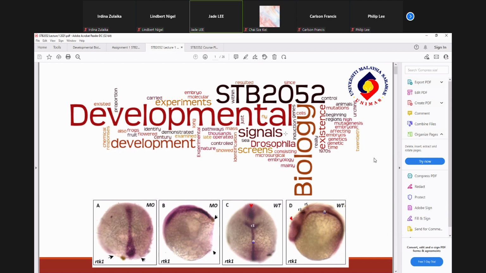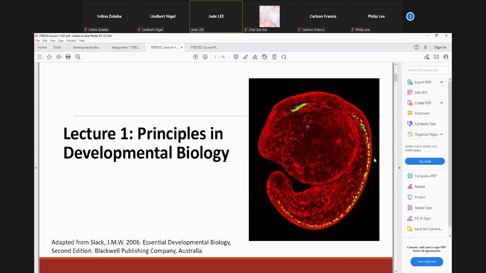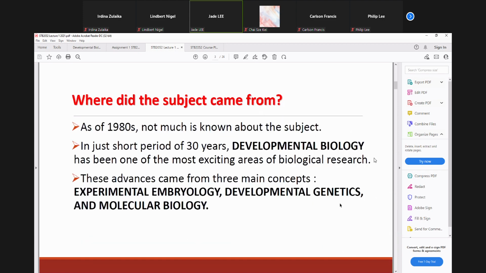Right now, let's talk about the principles of developmental biology. So where did this subject come from? Actually, it was just before 1980.